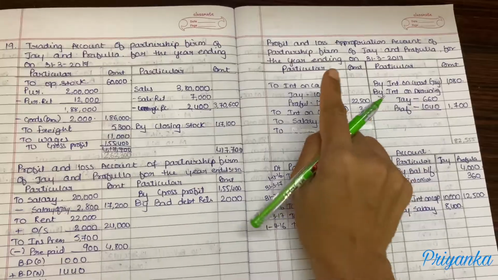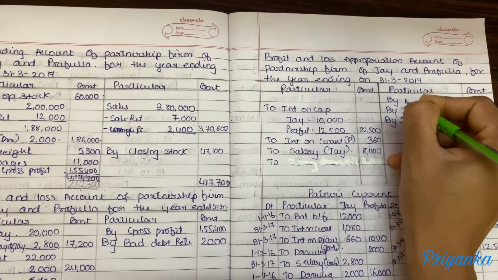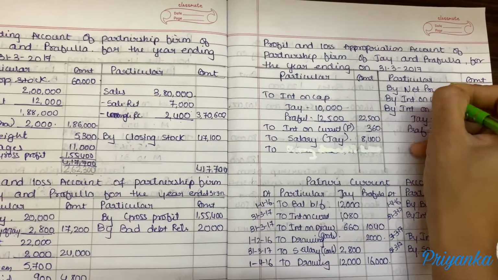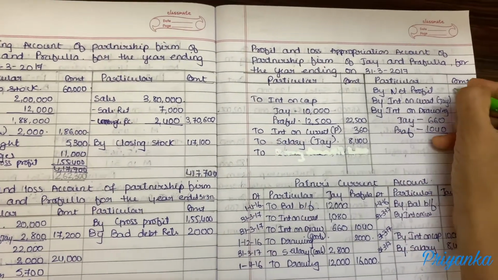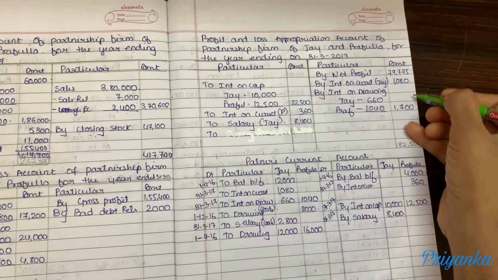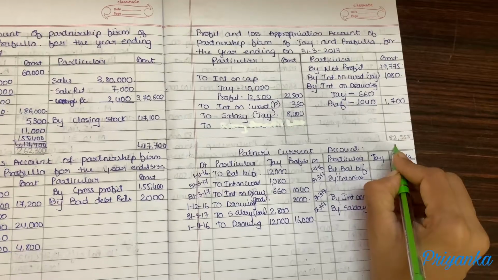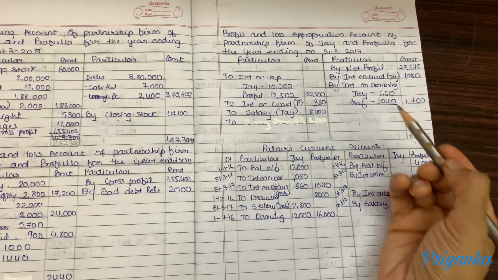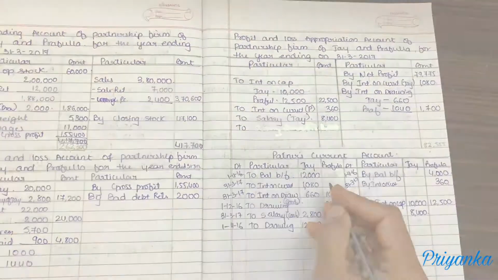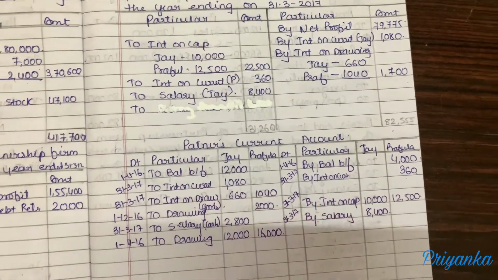In the next account, we'll move to the credit side by writing net profit amount 79,775. If I make the total of this, I get 82,555, and if I make the total of this column, I got 31,260, which is comparatively less.